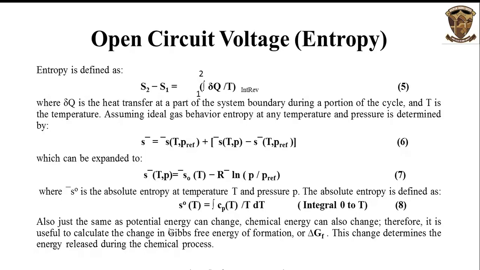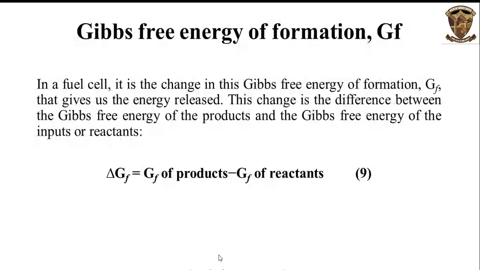Also, just as potential energy can change, chemical energy can also change. Therefore, it is useful to calculate the change in Gibbs free energy of formation, or delta Gf. This change determines the energy released during the chemical process. It is the difference between the Gibbs free energy of the products and the Gibbs free energy of the inputs, or the reactants.